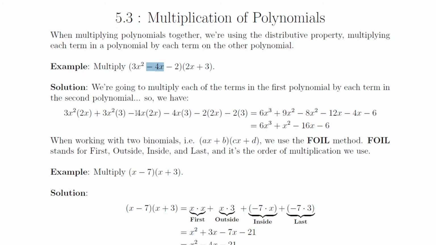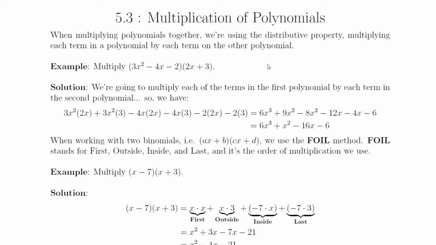So we have minus 4x times the first piece, minus 4x times the second piece, and now that we've done that, we jump onto the third term in the first piece. So minus 2 times 2x, and then a minus 2 times the last piece. Okay? This is the easiest way that I can describe it to you. Otherwise, it's just really complicated and messy. You're taking every possible combination and multiplying. That's basically all you have to think about.